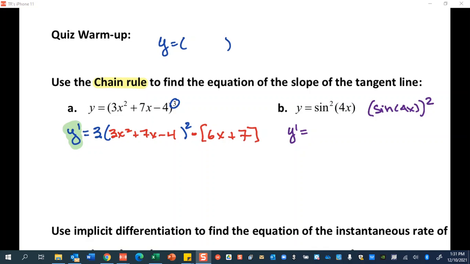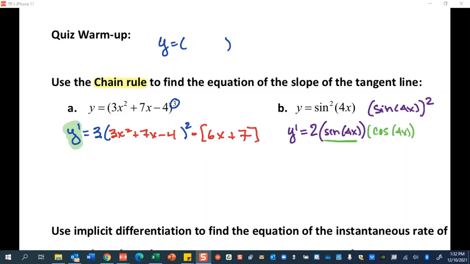All right, so my outside function is going to be 2 times the inside, sine of 4x, to the 1 less power. There it is. Now it's time to take the derivative of what's inside. Here's my inside. I'm going to take the derivative of sine of x, which is going to be the cosine of 4x.